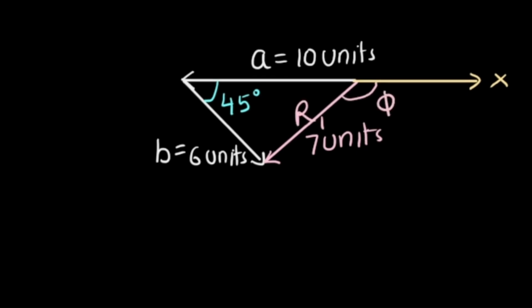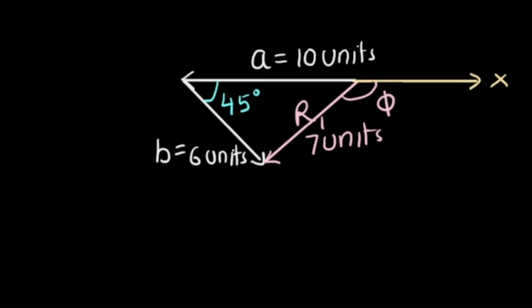Let's call that phi. So we want to determine the value of this phi. Some people like to call it phi, some people like to call it phi. Doesn't matter what you call it. It remains the angle that vector R1 is making with the positive x-axis in this case.